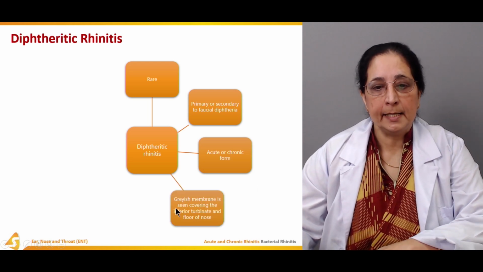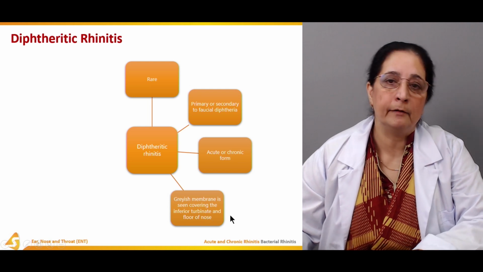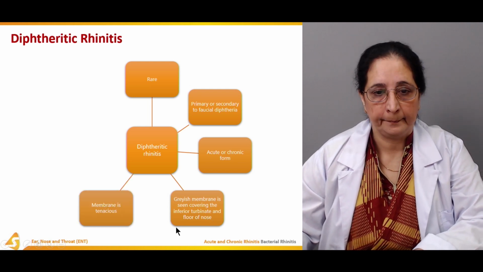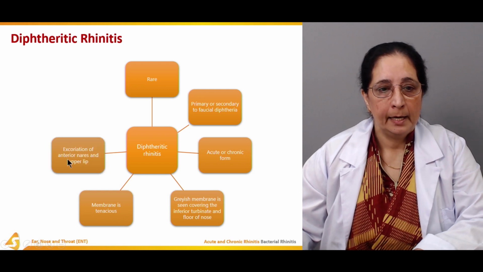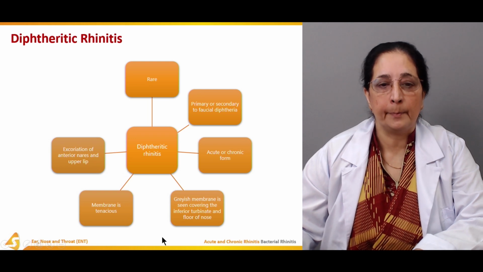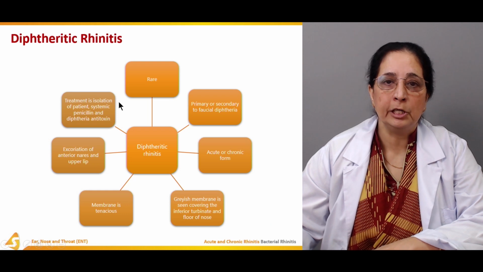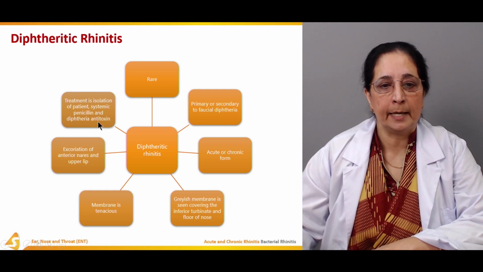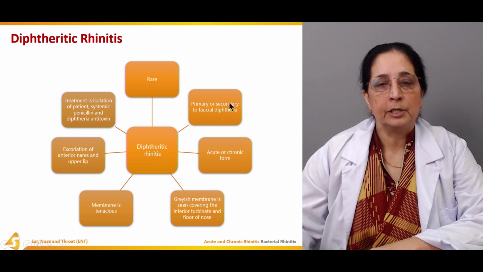Grayish membrane is seen covering the inferior turbinate and floor of nose. Membrane is tenacious. There is excoriation of anterior nares and upper lip. Treatment is isolation of patients, systemic penicillin and diphtheria antitoxin.